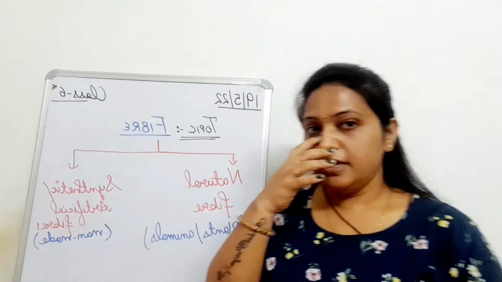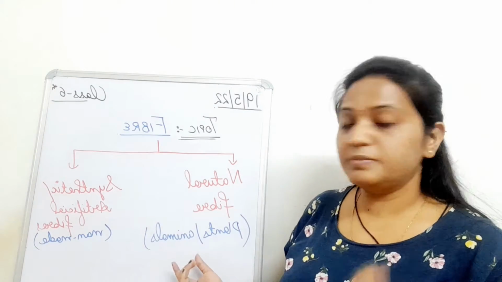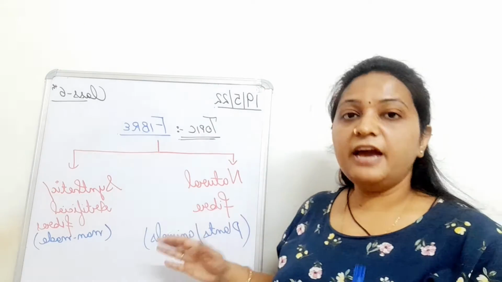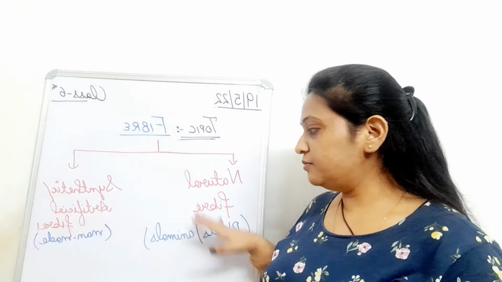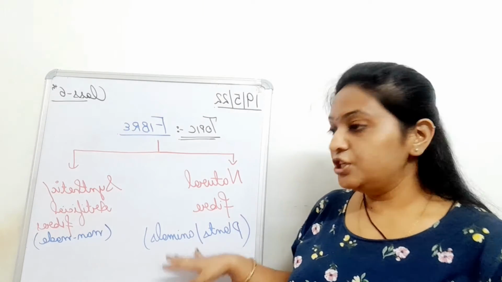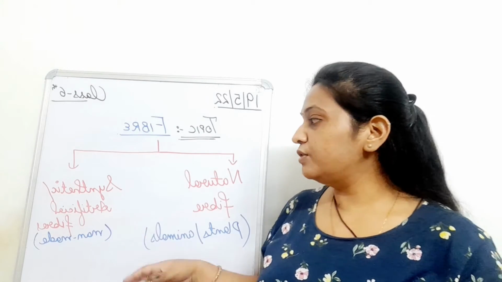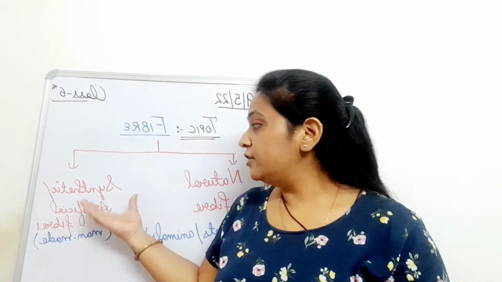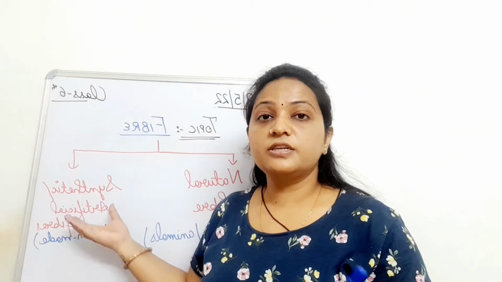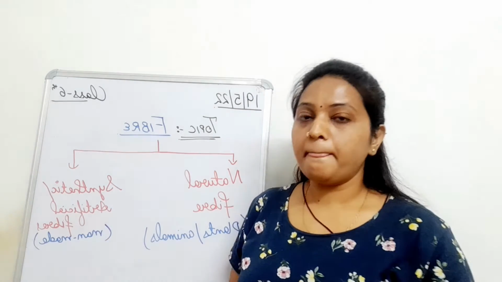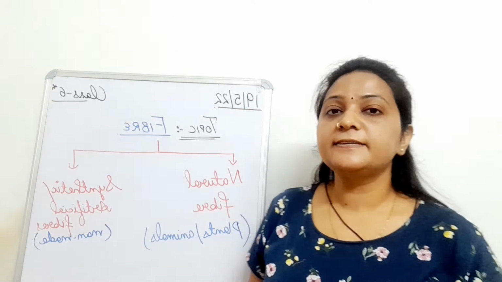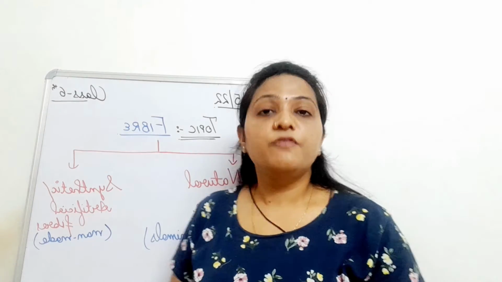Any guesses? If we have natural fibers, then they must be cheap and easily available. So what is the need of introducing artificial or synthetic fiber?